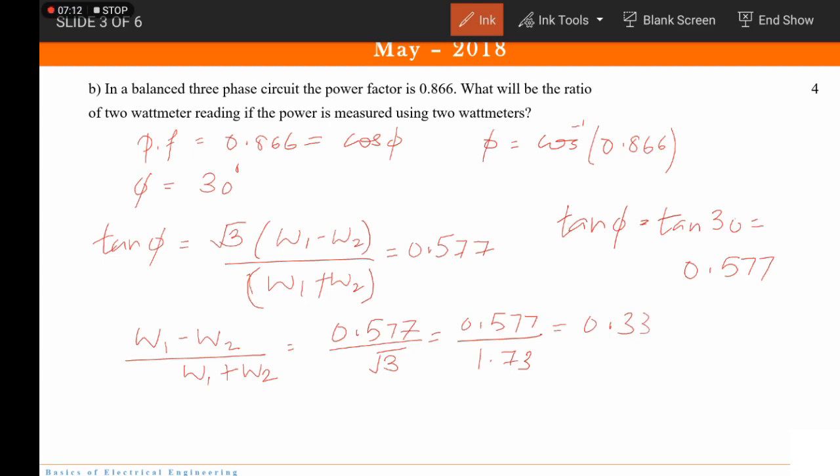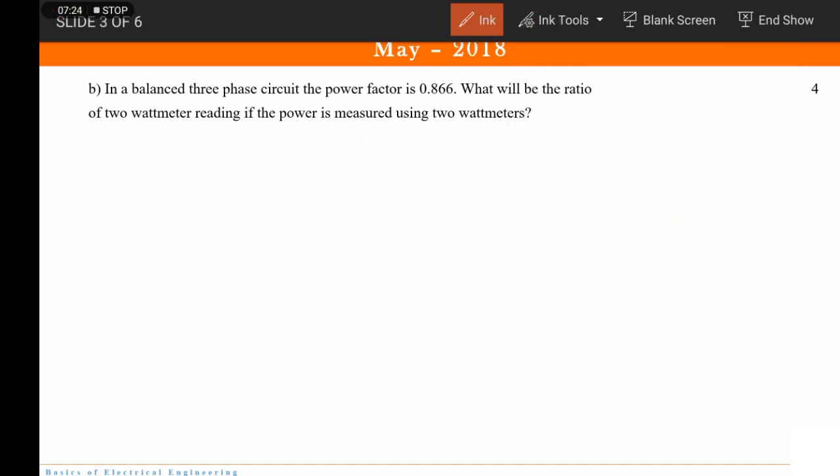So I will cross multiply this and I will get 0.33 (W1 plus W2) equal to W1 minus W2. So when I solve this, I will be getting 0.33 W2 plus W2. I am taking W2 on one side and W1 on the other side.